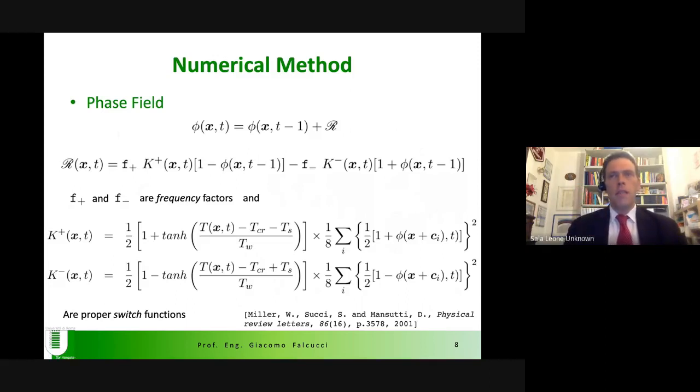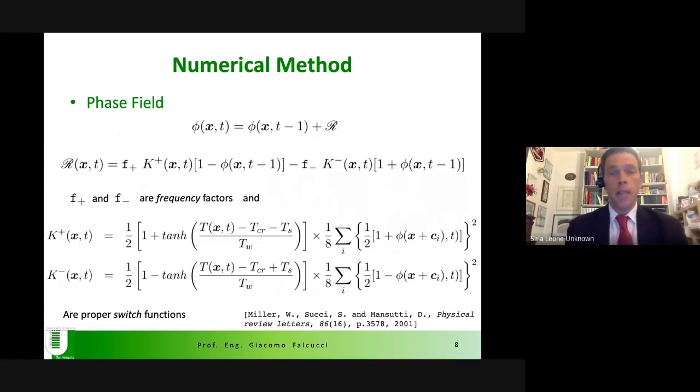In fact, PCMs, as I told you before, are complex molecules, and they are usually not pure substances in technical applications, so they are not characterized by just one single temperature value for melting and solidification, but by a temperature interval with a certain width according to the substance.